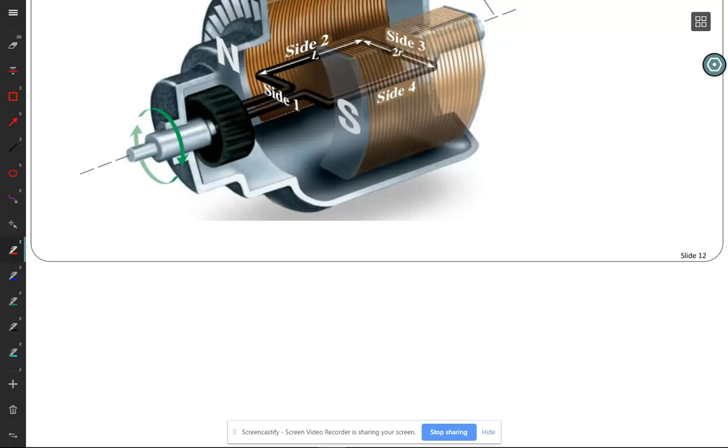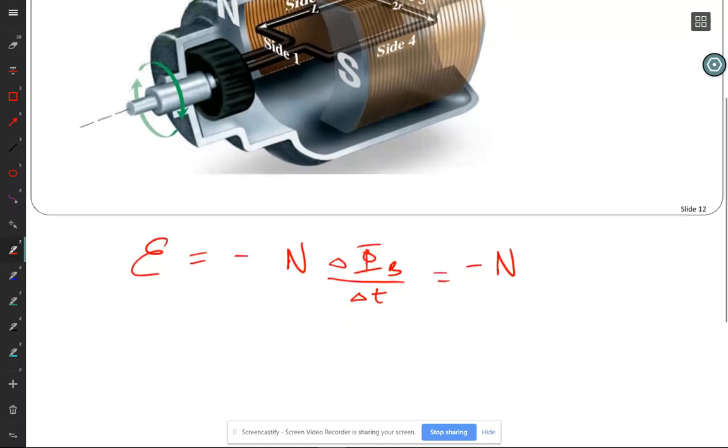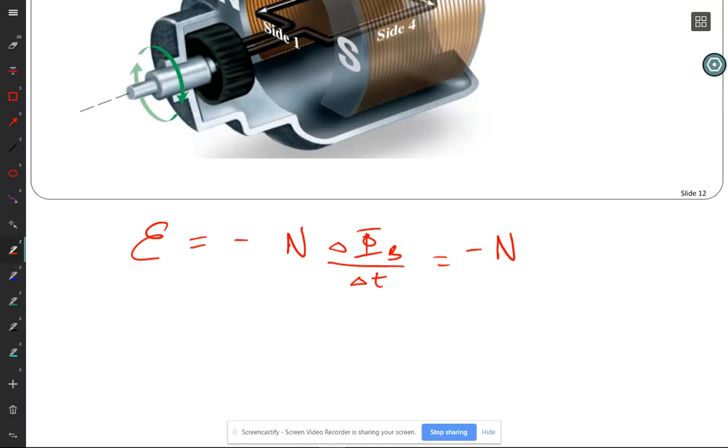We can say the induced EMF is equal to minus N delta Φ_B over delta t. The reason for the subscript B is that it's the magnetic flux rather than the electric flux. In this case there's only one loop, but I'm going to keep N there. Then I have to calculate my flux.